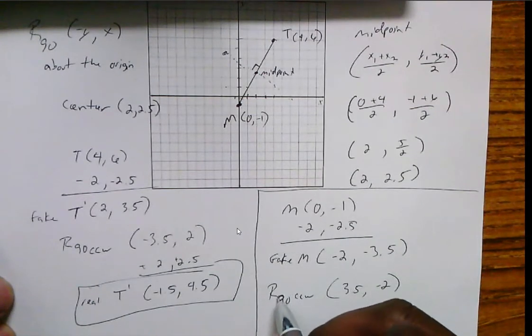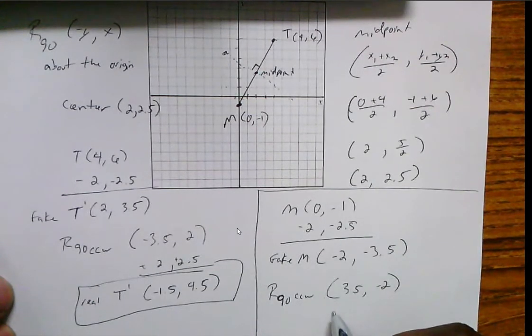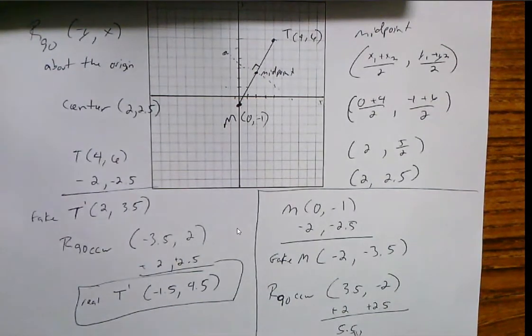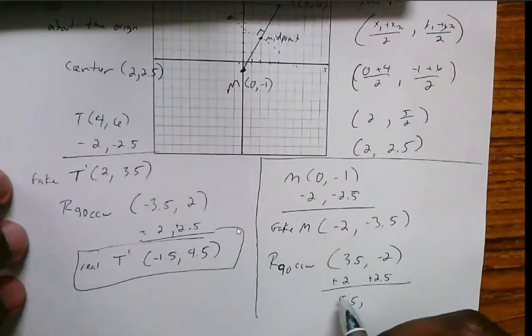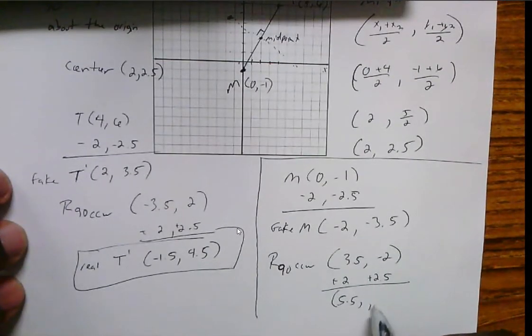And after I rotate that 90 degrees, I'm going to add back the center. So I'm going to add back 2 and add back 2.5. So it gives you 5.5 and 0.5.